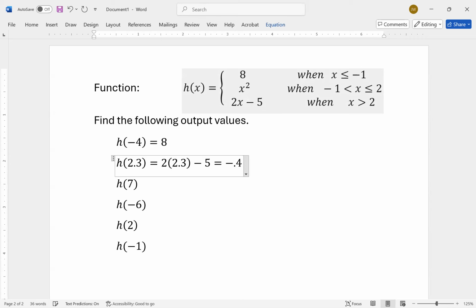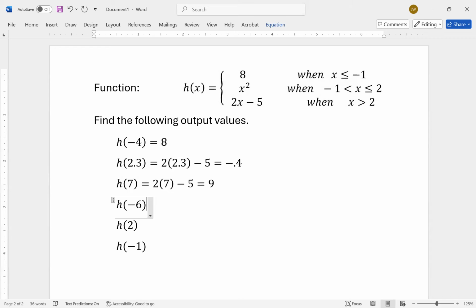Or just negative 0.4, however you like to write that. 7 is also bigger than 2. So since 7 is greater than 2, I'll use 2x minus 5 again. That's 2 times 7 minus 5, which is 14 minus 5, which is 9.